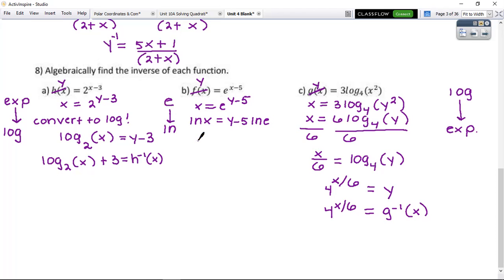Now, on the right-hand side, what happens with ln of e? Because remember, it just, yep, that's why we did it. And now to finish this, all I have to do is add the 5. So I'm going to go plus 5, and I am done.